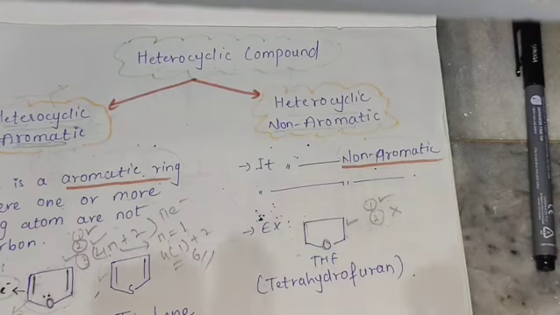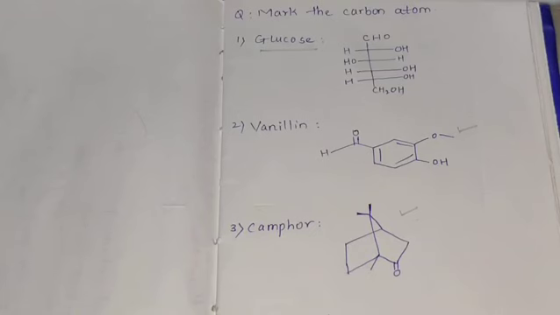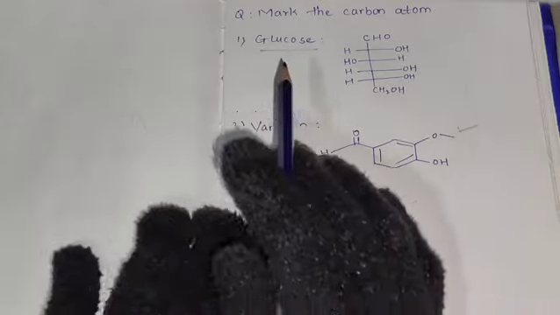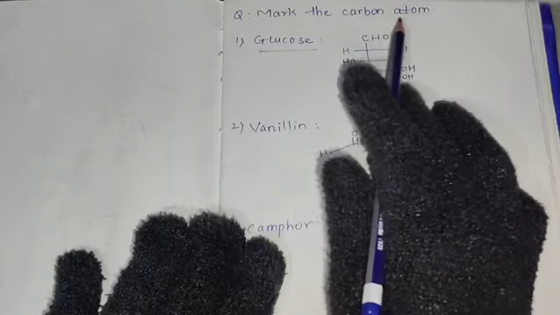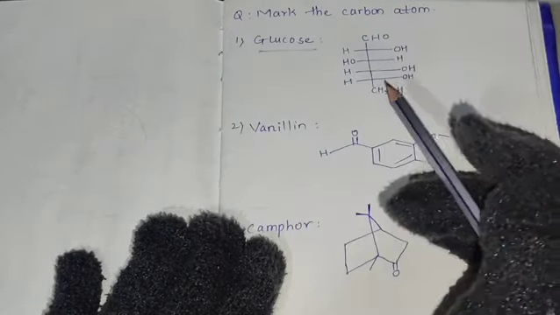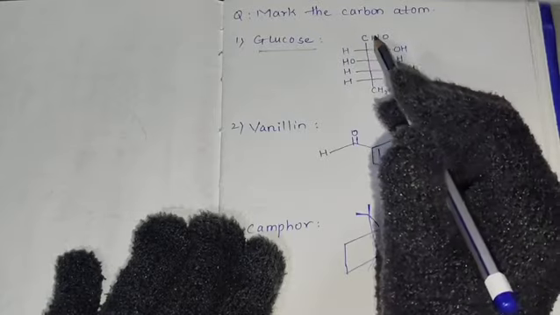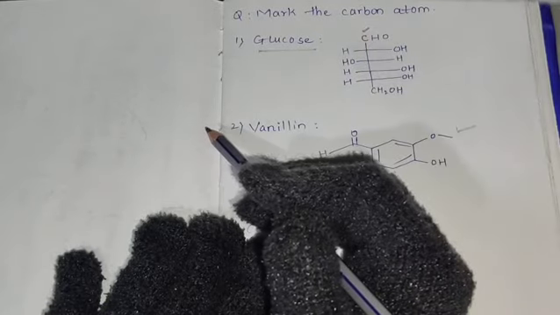I hope all this classification part is clear to you. Now see here, these are some exercise questions which you will try. I will explain one, then the rest you will try. The first example is of glucose. You have to mark the carbon atoms. First, this is a carbon atom.